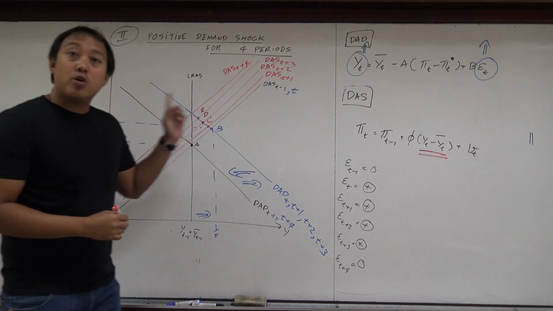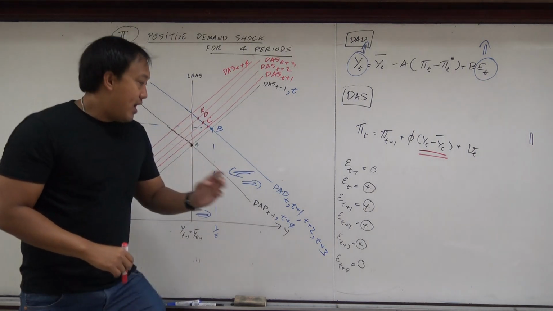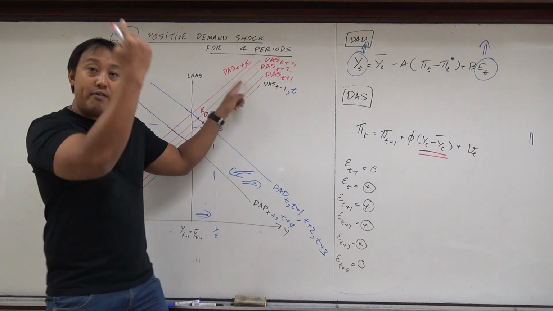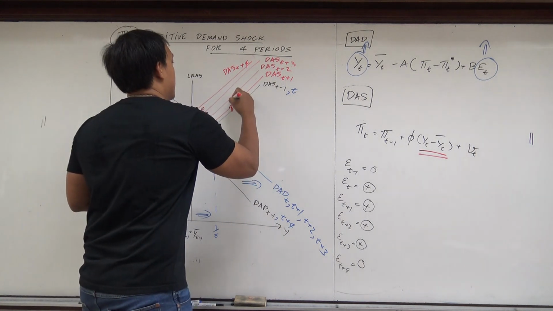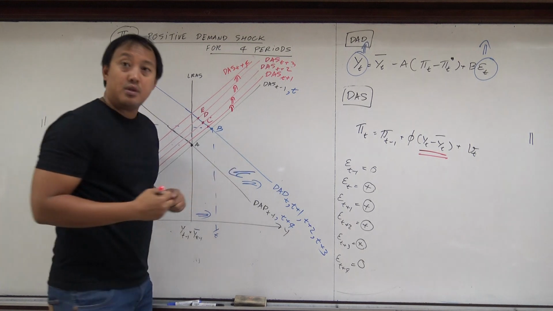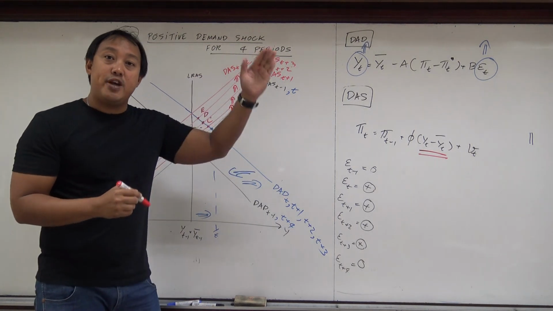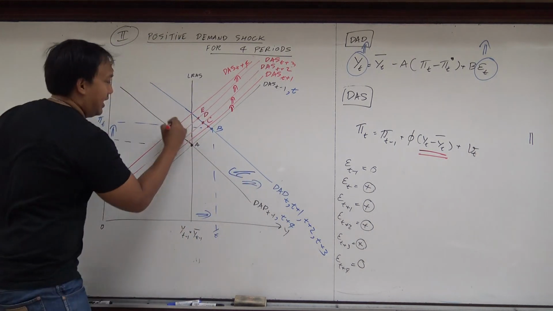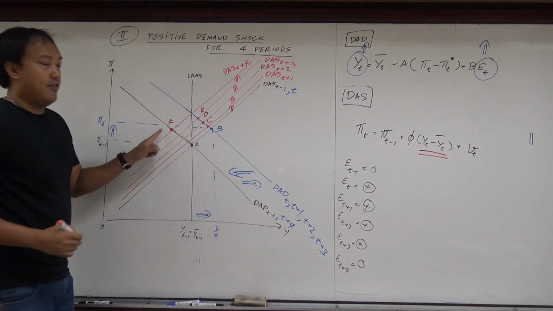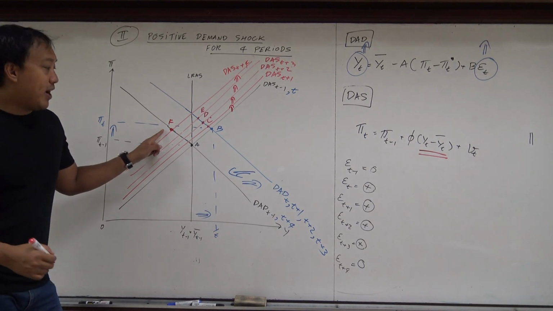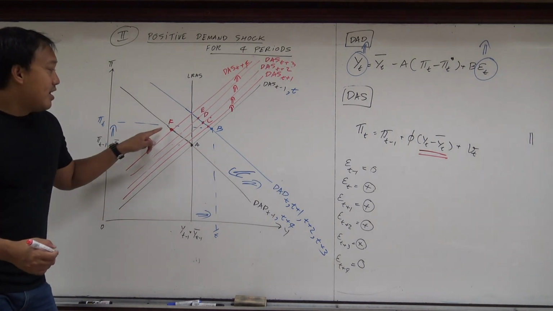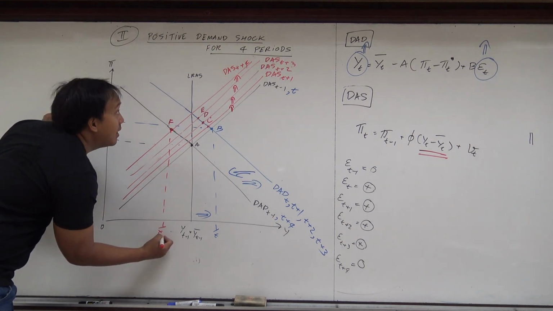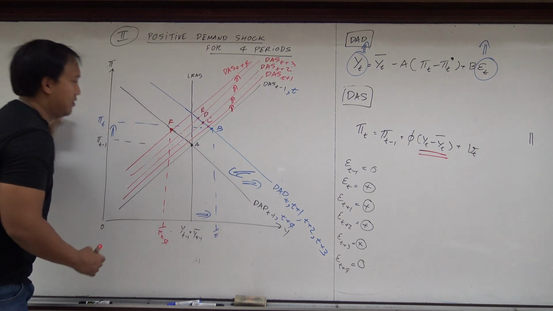Still going up. However, the demand curve shifts back to the left. Even though DAS still shifts up, DAD is already back to the left, so the new equilibrium point is here, point F. So this is Y at T plus 4.